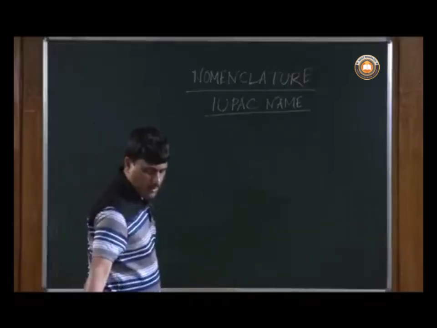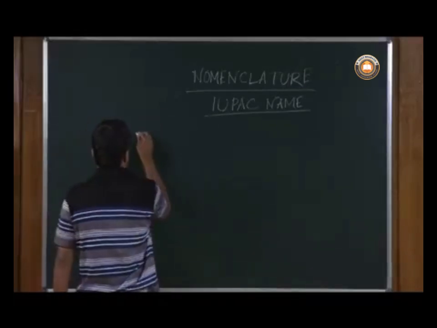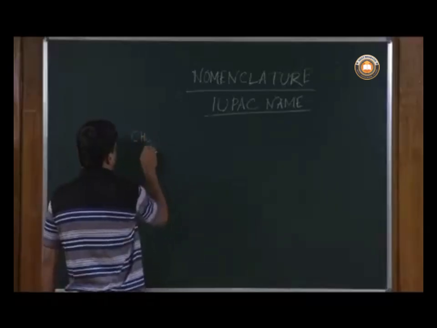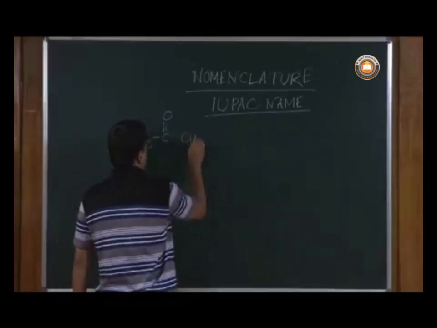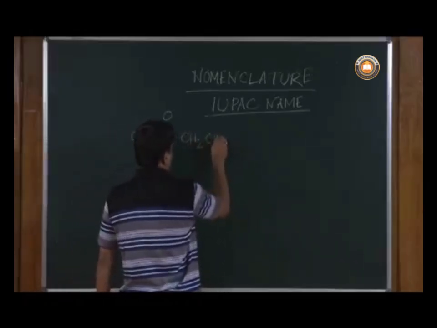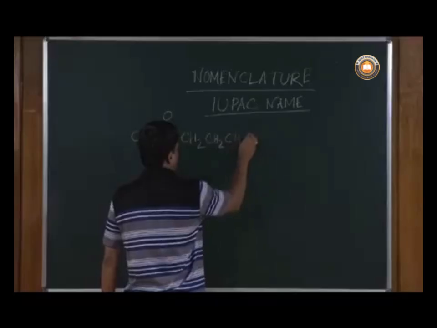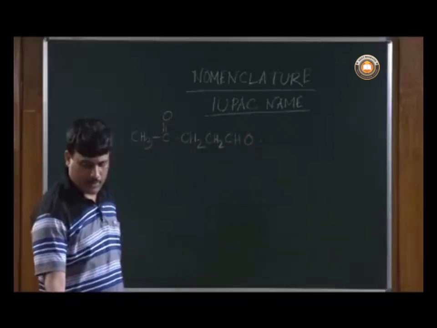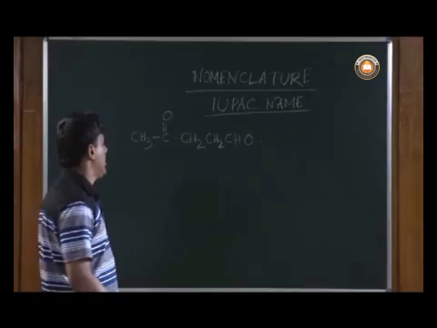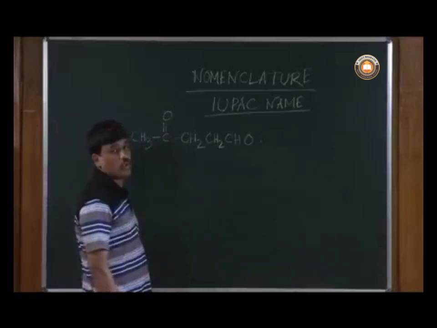Let us discuss some more examples. When another carbonyl group is present in the chain along with the aldehyde, then it is called oxo.